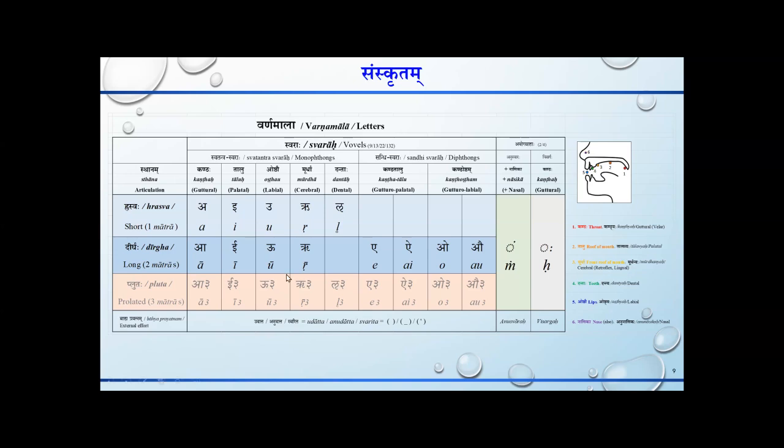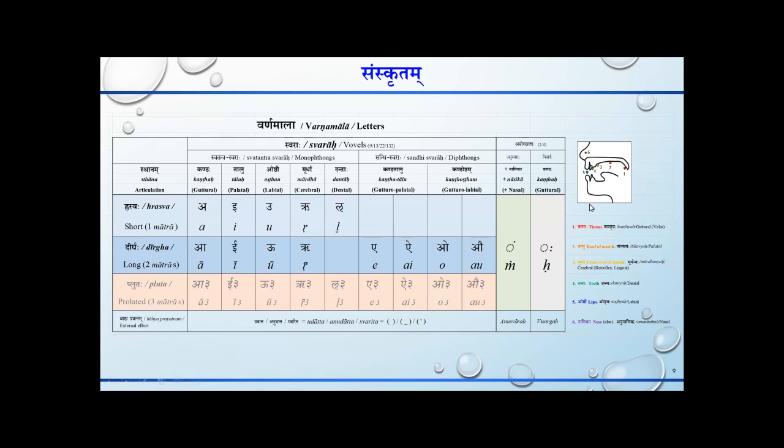On the right side here, you see a sketch indicating the 1, 2, 3, 4, 5, 6 points of articulation in the human voice system. Both the vowels and consonants are classified based on this point of articulation. In Sanskrita, it is called sthanam.